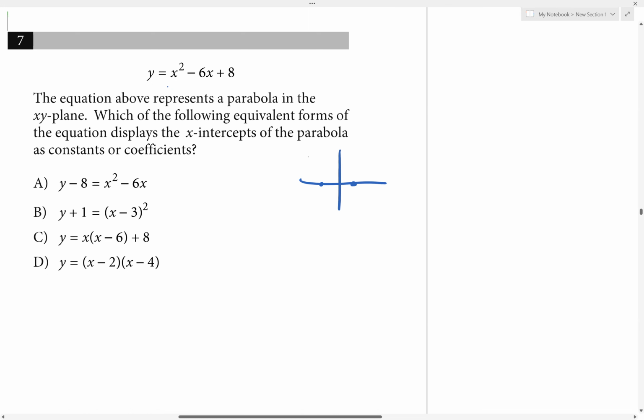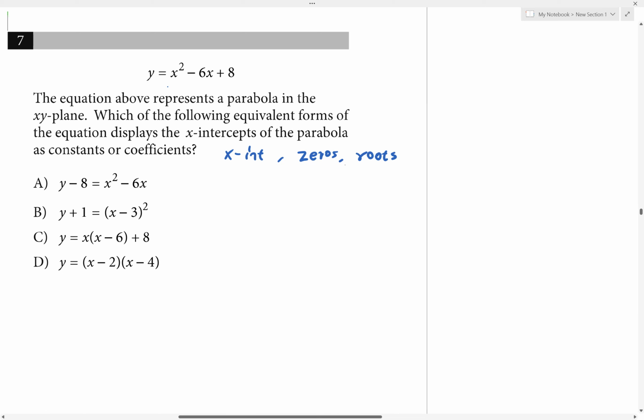The zeros are the roots. In terms of the graph, x-intercepts, zeros, roots, these are all the same thing, pretty much interchangeable.